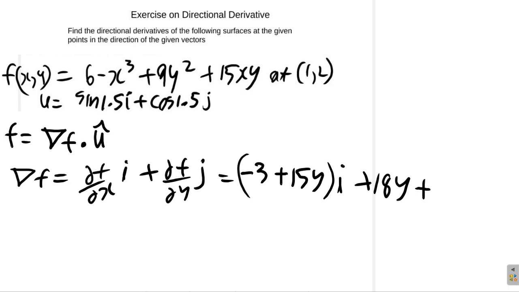Alright, so that's going to be what now? It's delta f by delta y. I'm doing 15x j. Now, here I could put in the 1 and 2 at this point.